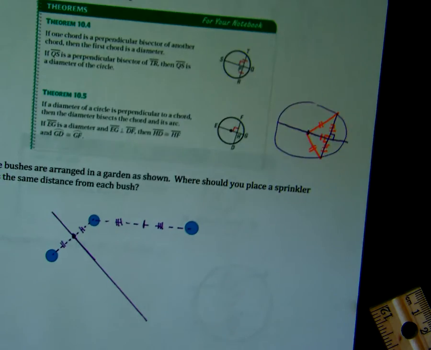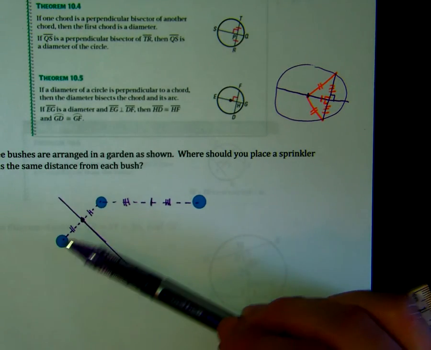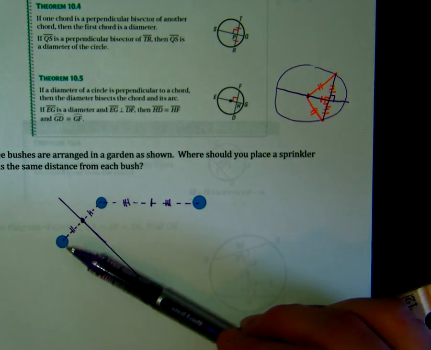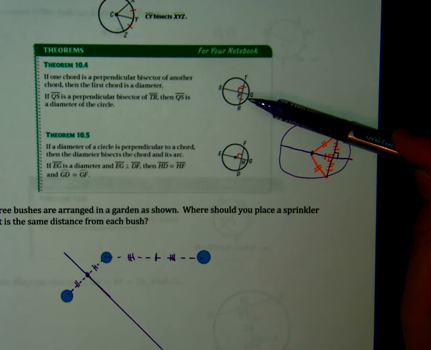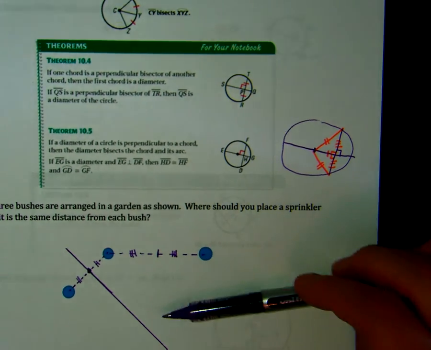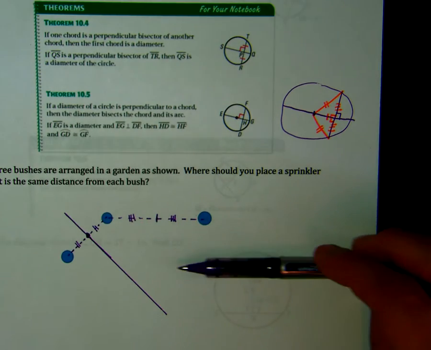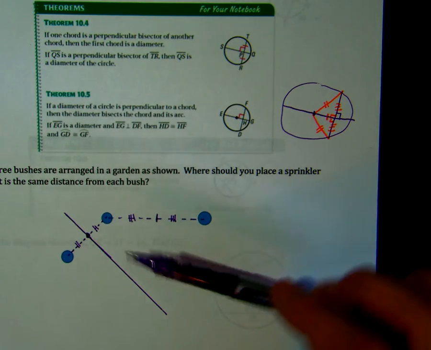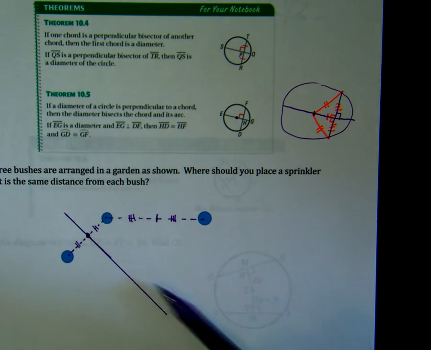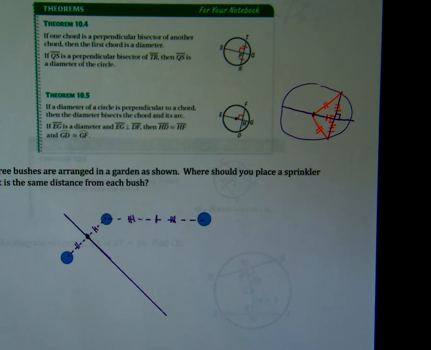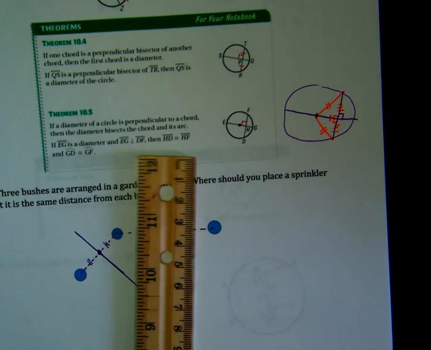What we're doing here is creating a perpendicular bisector through these bushes, and I'm essentially using this theorem. If I have this line, I'm going to say this is a chord of a circle. If this chord is acting as a perpendicular bisector of this chord, that means this line is a diameter. I'm going to do the same thing here.